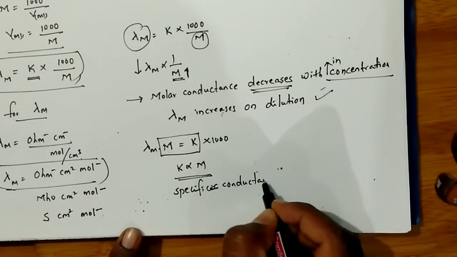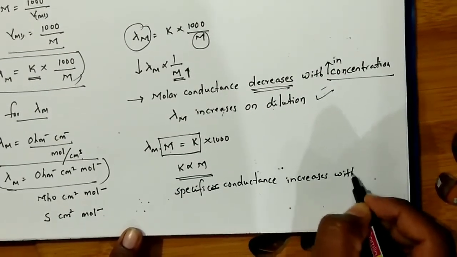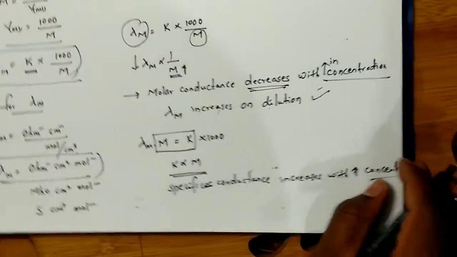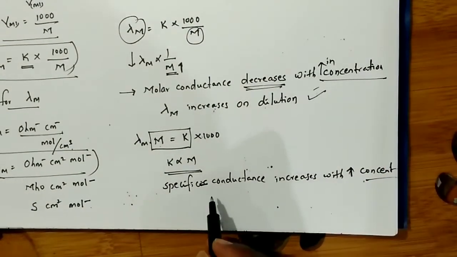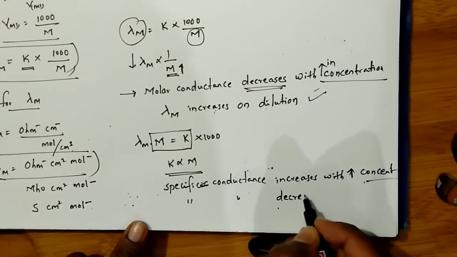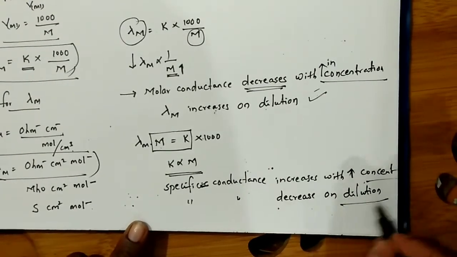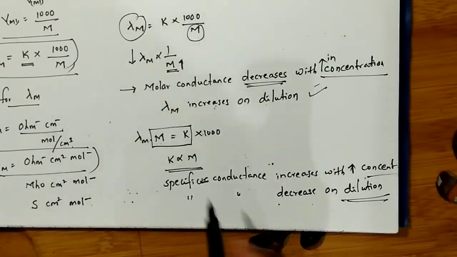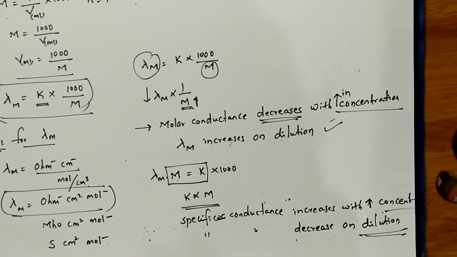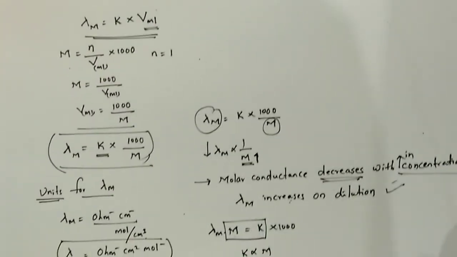With increase in concentration means decrease on dilution, right? So specific conductance decreases on dilution. If you add more water, then the specific conductance decreases, but the molar conductance increases. This is the effect of dilution on specific conductance and molar conductance. I hope you understood well. Thanks for watching.